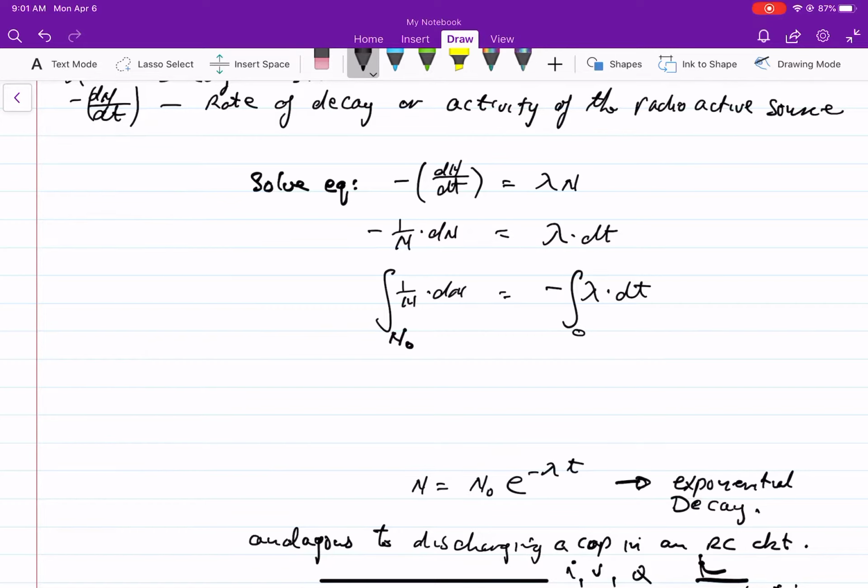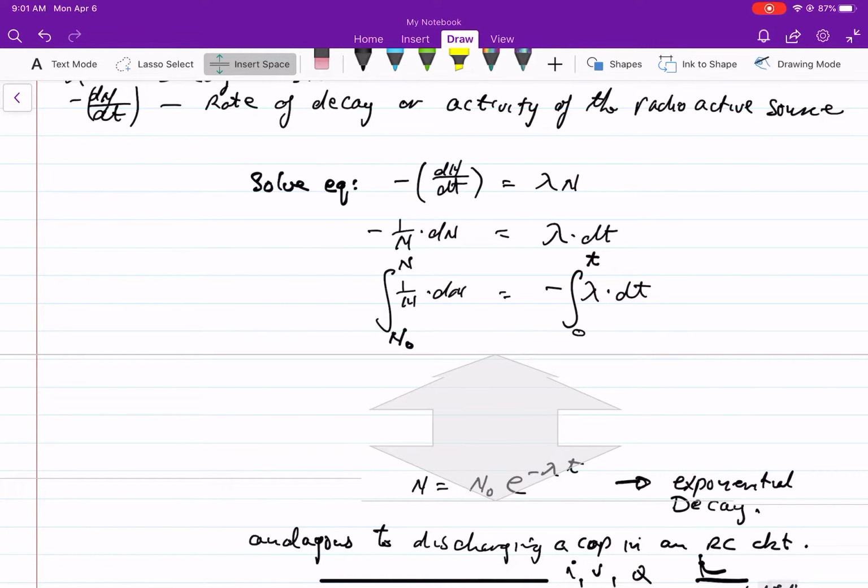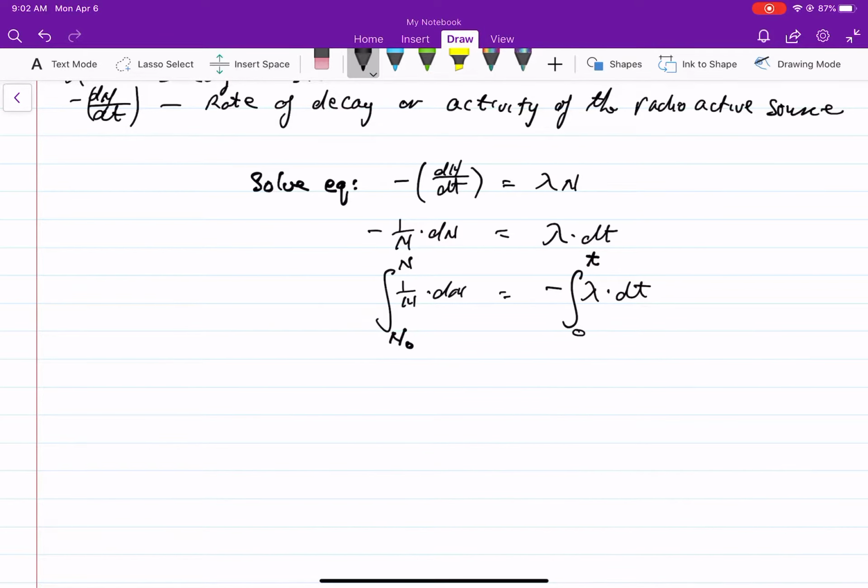At any time t, the number of atoms present in the sample is just N. On the left-hand side, I'll get ln N, evaluated between N0 and N. On the right-hand side, I'll have minus lambda t, evaluated between 0 and t.